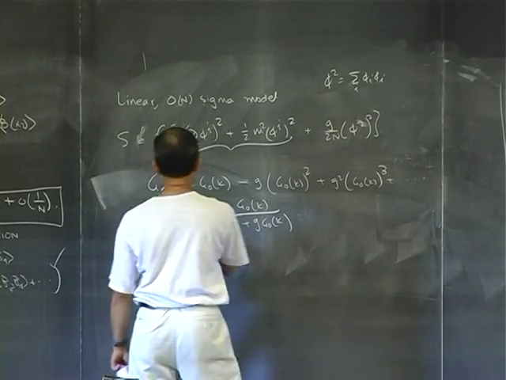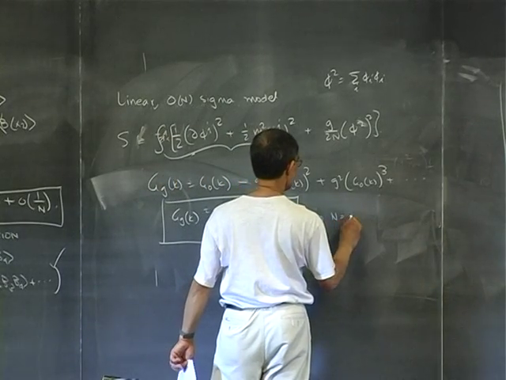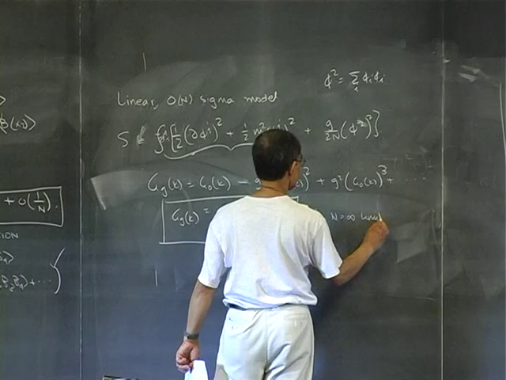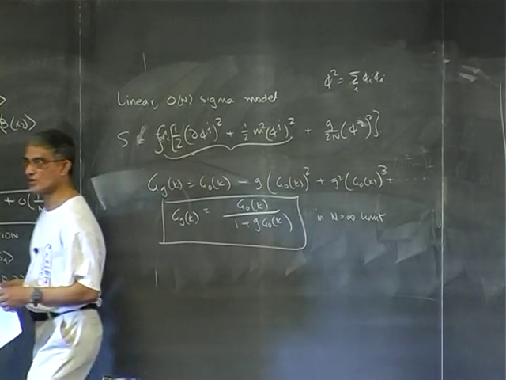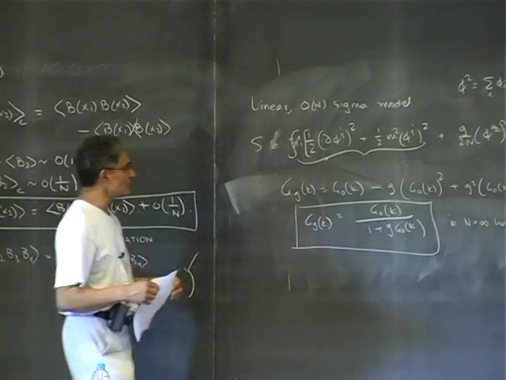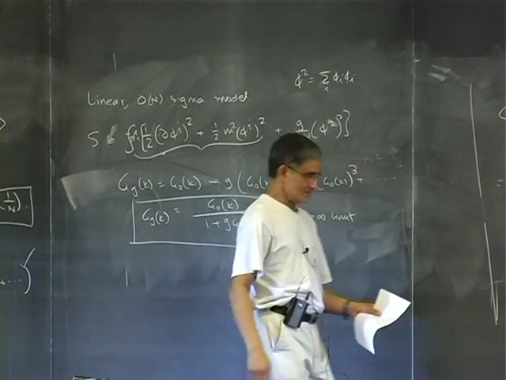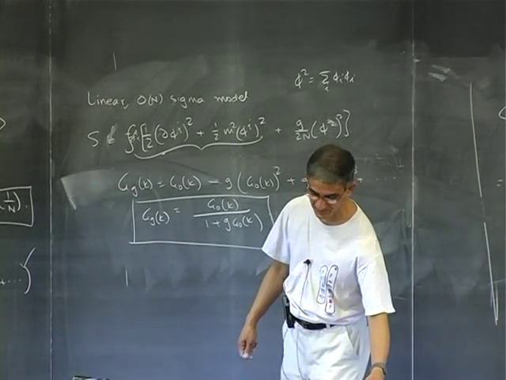In the large n limit. So, there is a very simple formula for the exact Green's function of these operators at some value of g in terms of the Green's function when the coupling is 0. Okay?